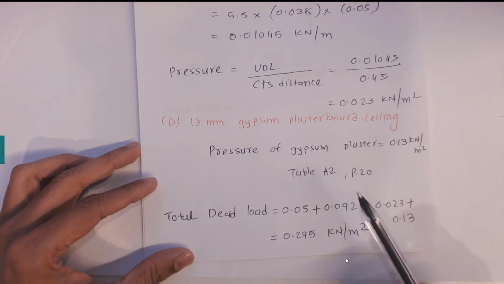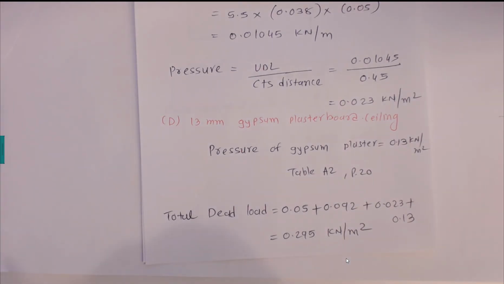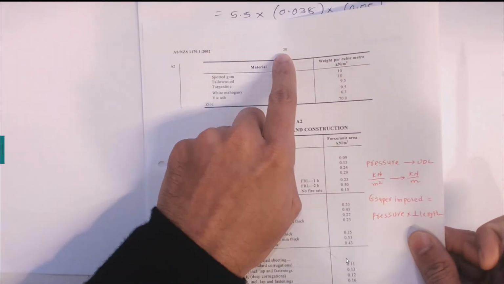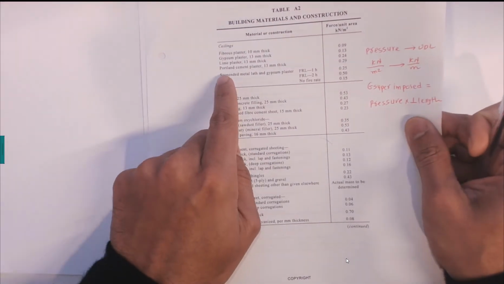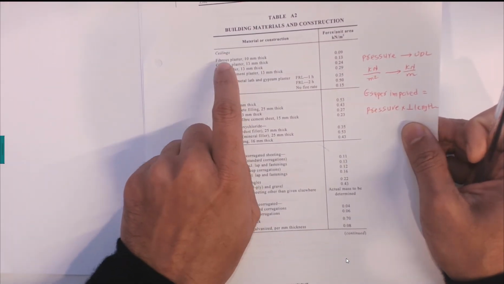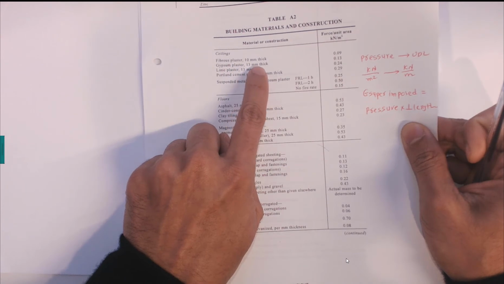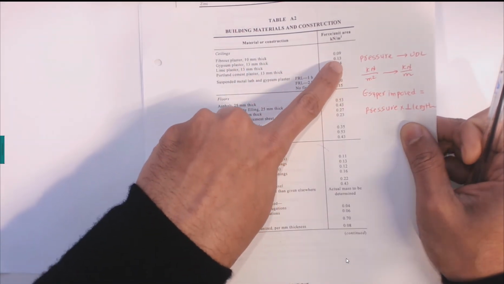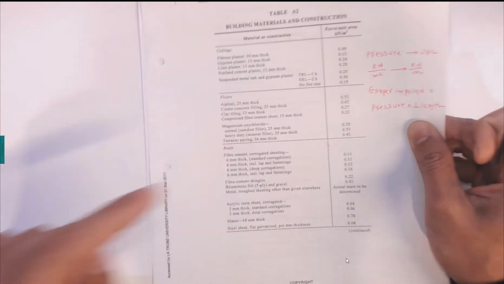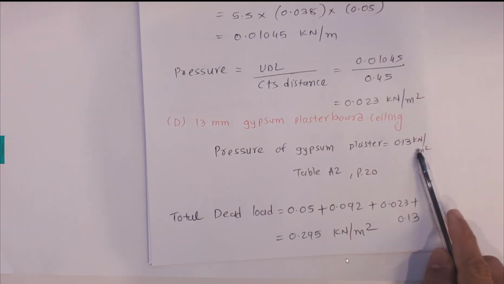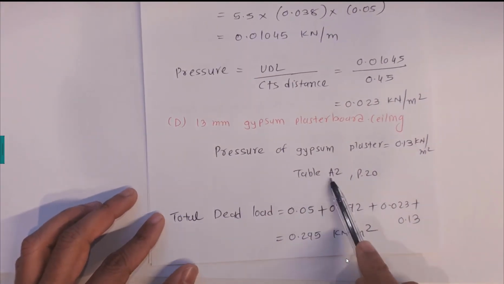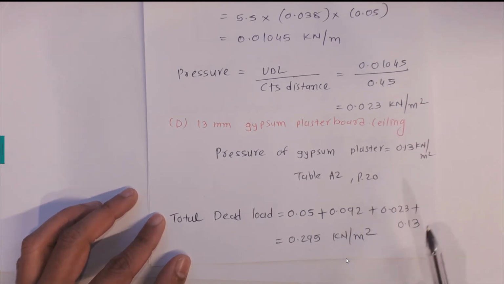If we check Australian standard table A2 on page number 20, we can find it in the ceiling sections. We can find the gypsum plasterboard, which is 13 millimeters. It has 0.13 kilonewton per meter square. So we have 0.13 kilonewton per meter square, which is table A2 on page number 20, in the ceiling sections.